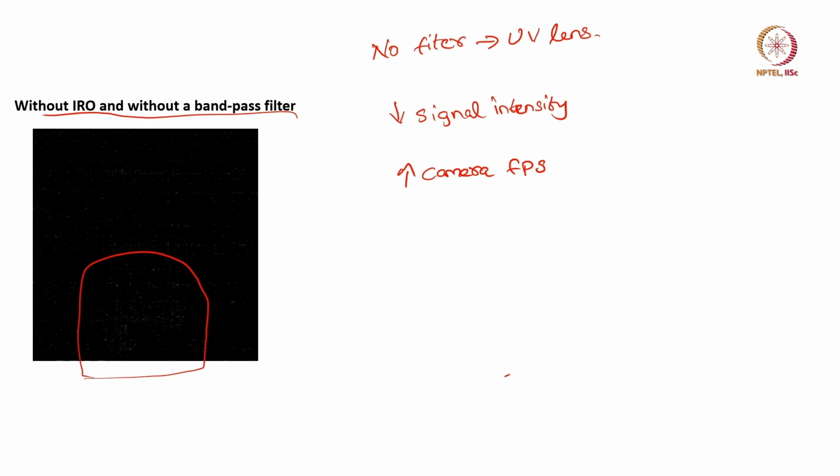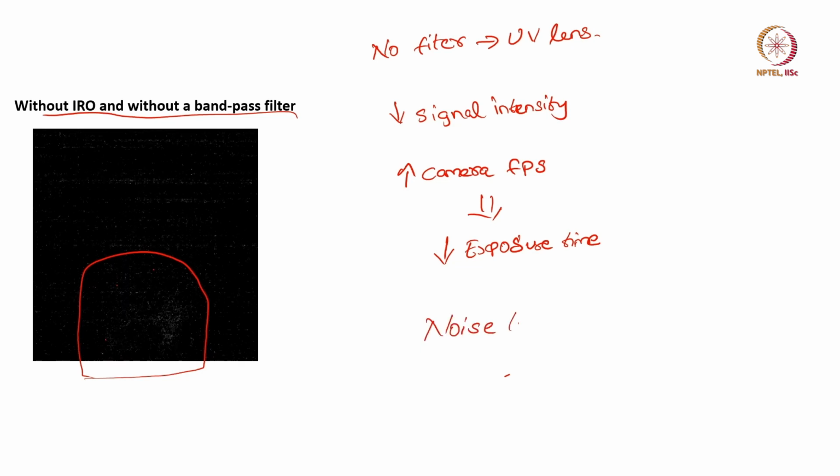Even though this helps in capturing the dynamic behavior of the flame more precisely, this higher frame rate results in shorter exposure times, thereby reducing the amount of light going into the camera, and the intensity of the flame is on par with the noise level of the image. So it is hard to distinguish between background noise and the flame signals.